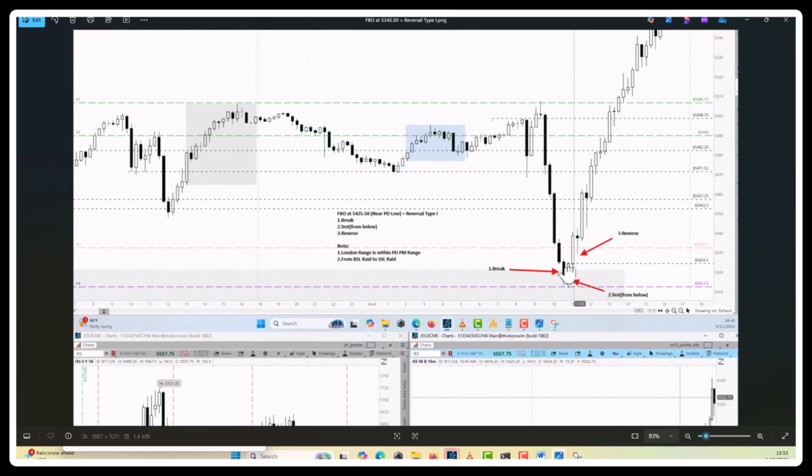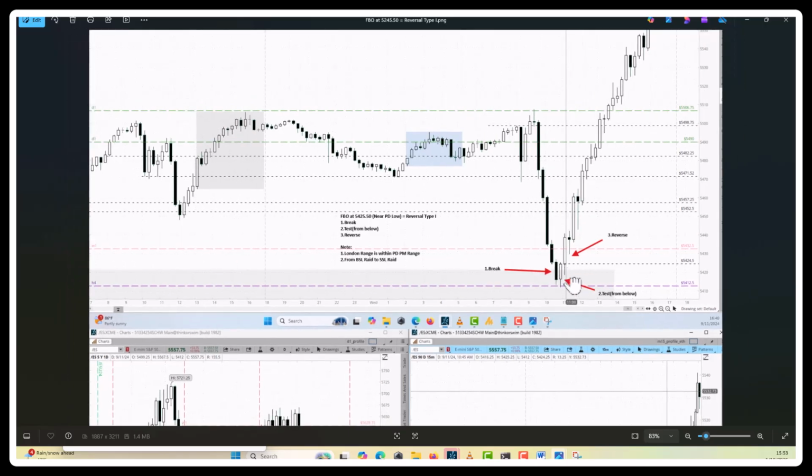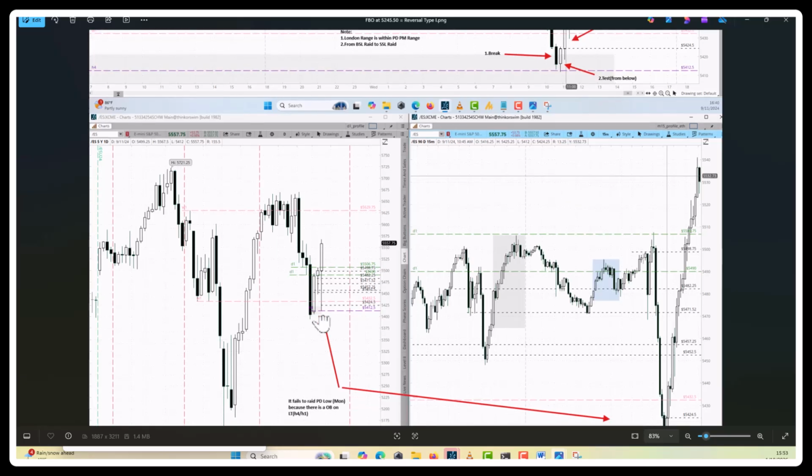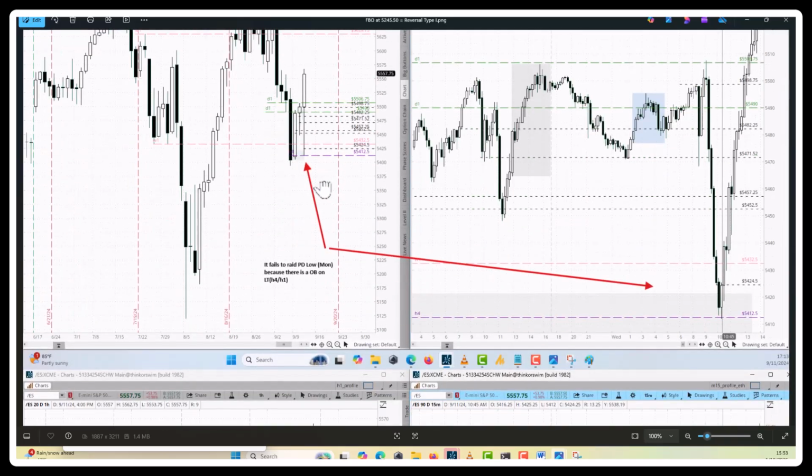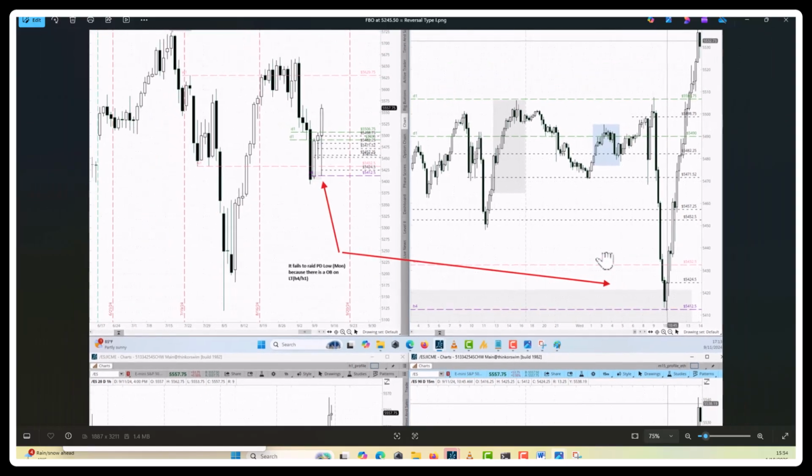So right here you have a long setup for type 1. You can see it failed to raid the prior day low on Monday. It tried to raid the low, but it failed because there is an order block on the high time frame, which is the 4 hour, 1 hour.